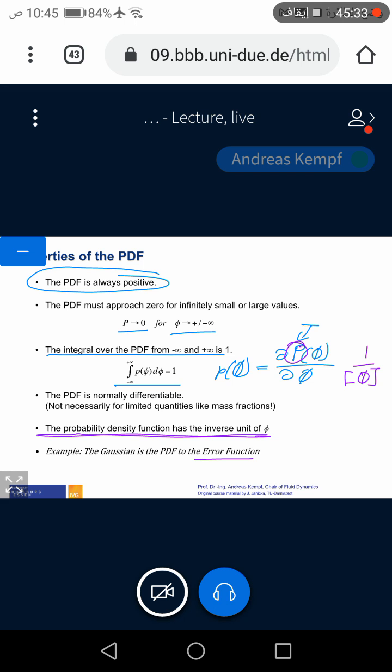Questions? Comments, suggestions? Yes, Mr. Kuma, waiting for you.